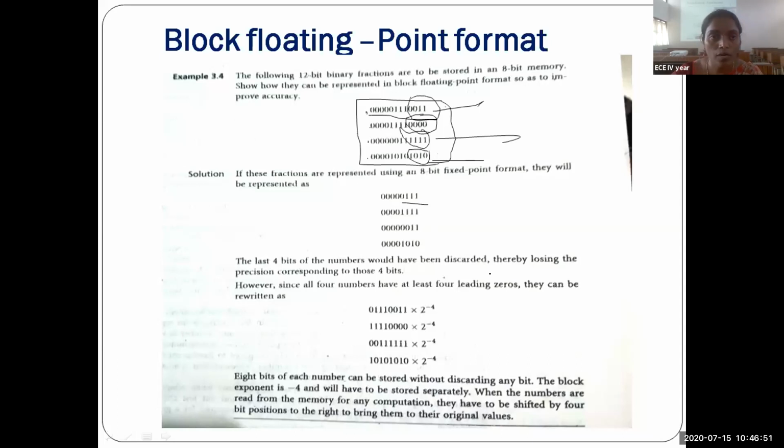So that's why we are using block floating point format. Block floating point format is nothing but just observing the given 4 numbers and seeing whether there is any logic to store them as 8-bit data. All of you observe the bits. Is there any common block? Do you have any common numbers?